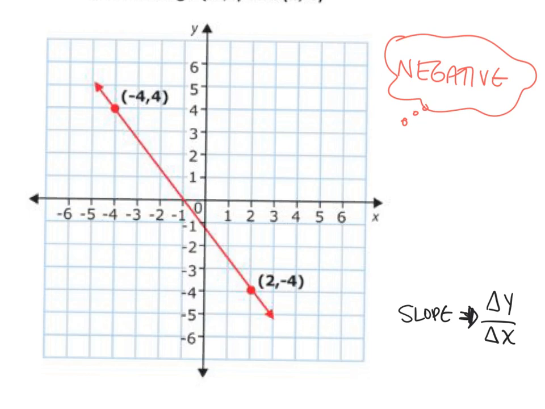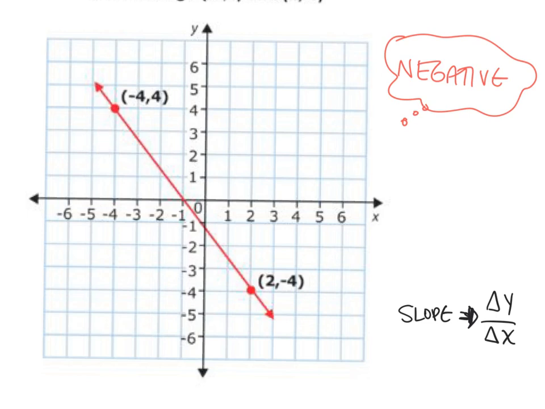Now, in order to see what change occurred in y, I am physically going to look at, from the leftmost point, how much did I move from the point to the next point vertically? Well, I know I'm going downhill, correct?